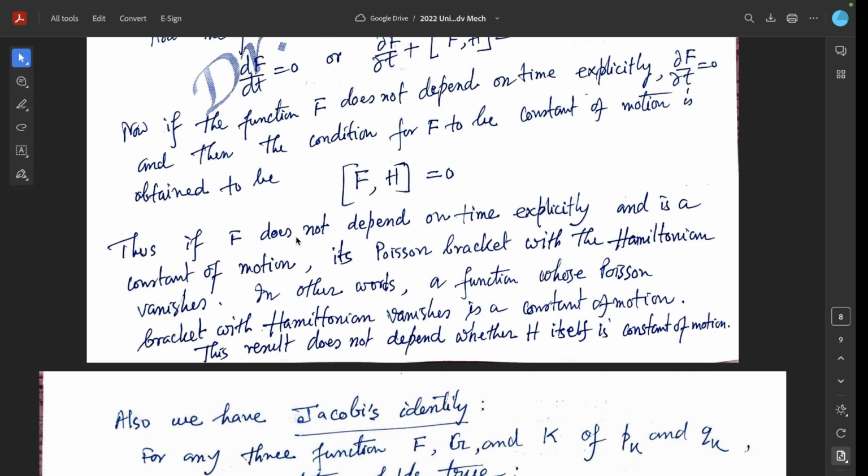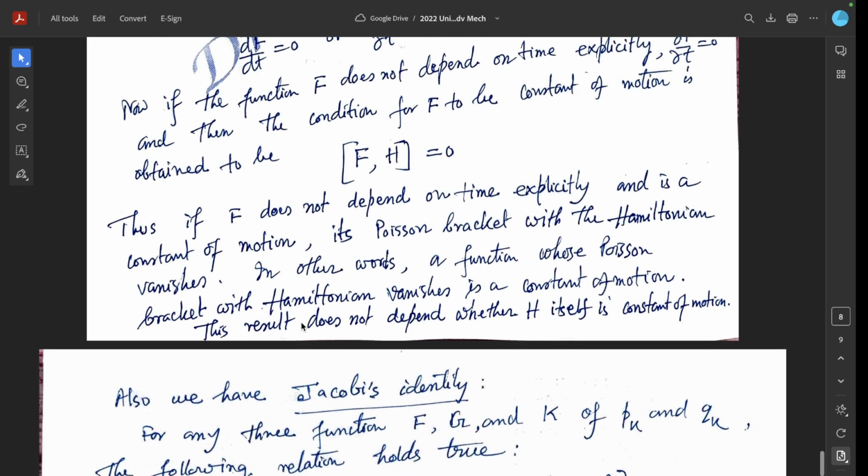Thus, if f does not depend on time explicitly and is a constant of motion, its Poisson bracket with the Hamiltonian vanishes. In other words, a function whose Poisson bracket with the Hamiltonian vanishes is a constant of motion. This result does not depend on whether h itself is a constant of motion or not.